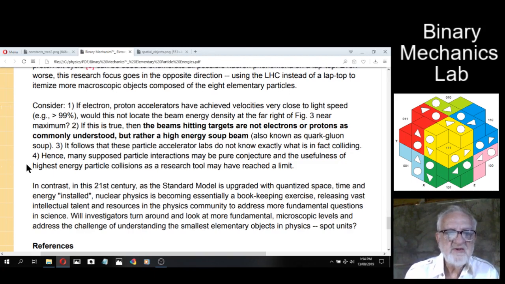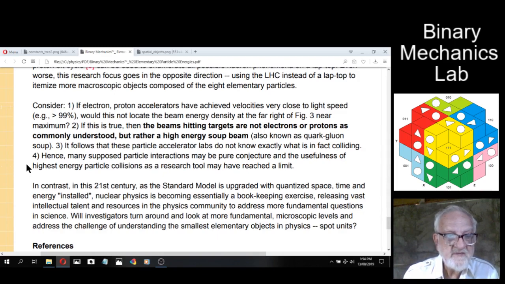Third, it follows that these particle accelerator labs do not know exactly what is in fact colliding. Lastly, fourth, hence many supposed particle interactions may be pure conjecture, and the usefulness of highest energy particle collisions as a research tool may have reached a limit.